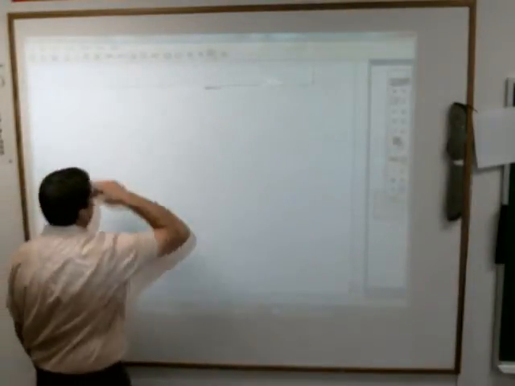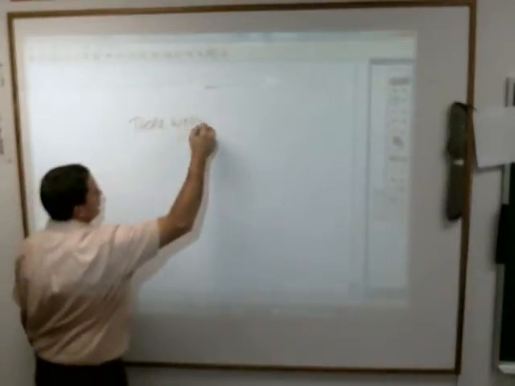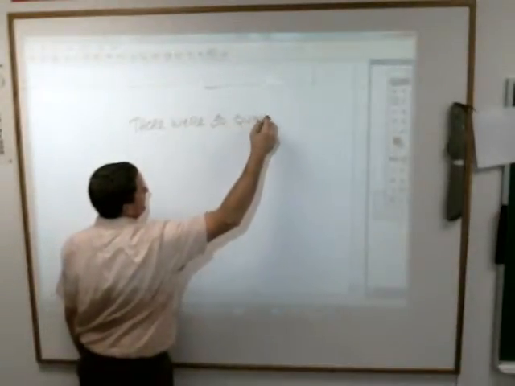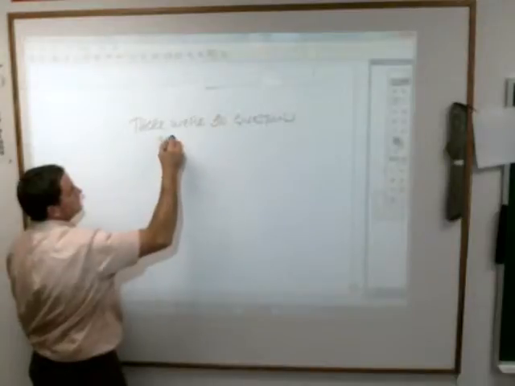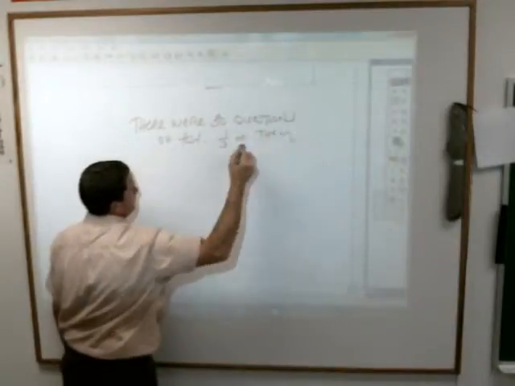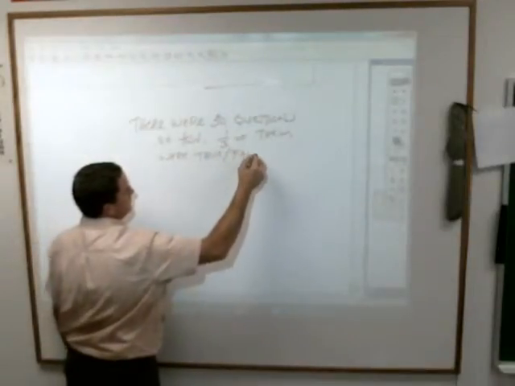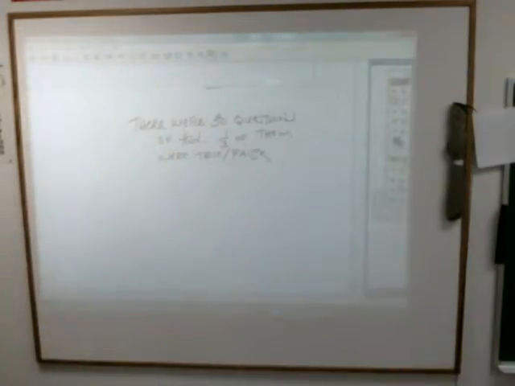Write down this example because we're talking about fractional parts of things. For example, there were 30 questions on the test. 1/3 of them were true/false, and the other 2/5 were multiple choice.